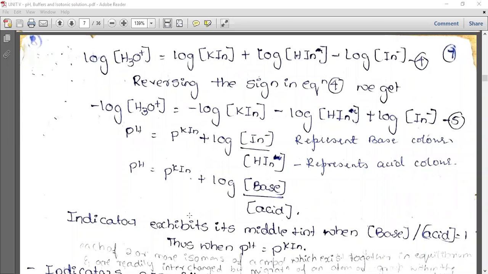You get a middle tint, that is, it's neither pink, pale pink, nor colorless. It's just an example of phenolphthalein I'm giving. In any case, it is based on the pH range of the particular indicator. So whenever the concentration of acid and base becomes equal, pH will be equal to pKIN, or you'll get a middle tint of an indicator. Is it clear?